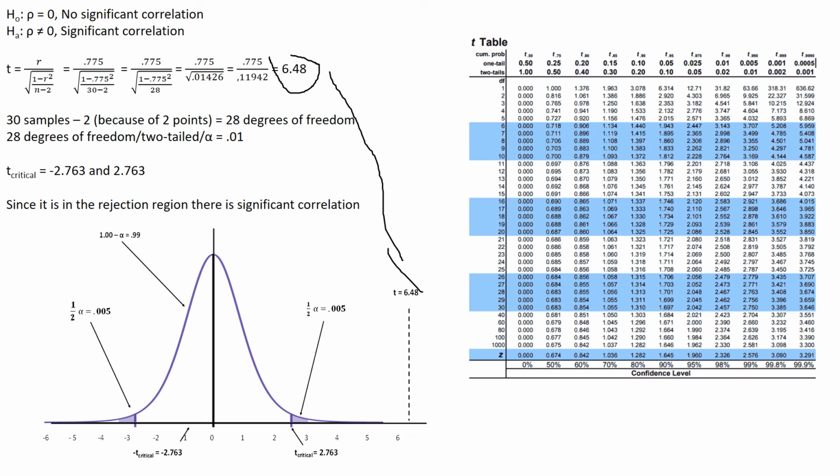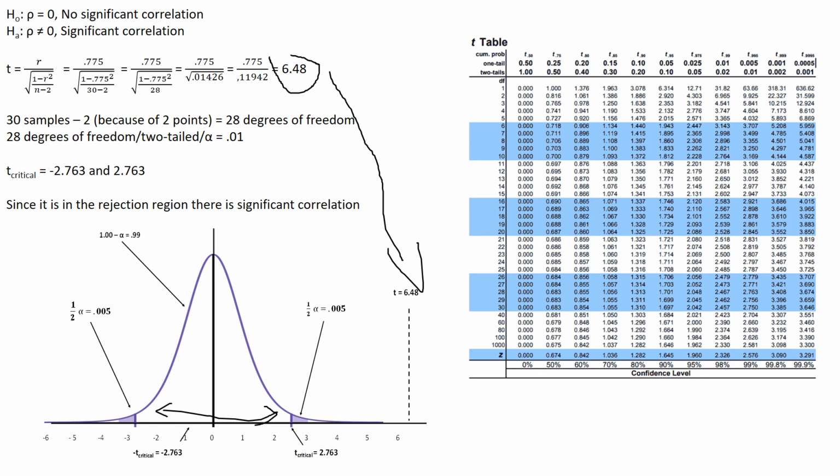Now, I want to know if the significance is equal or not equal, so it's two-tailed. If there's no significant correlation in terms of hypothesis testing, they'd be within these two ranges here for the t criticals.